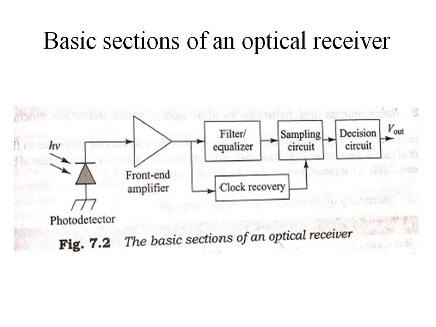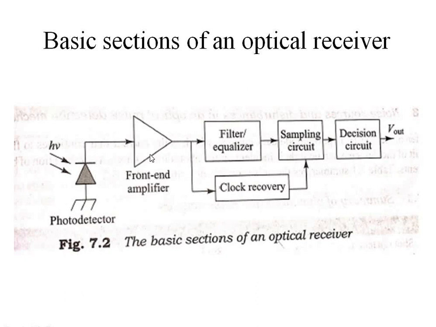Since this electric current is very weak, there is a need for a front-end amplifier. This front-end amplifier will boost the signal to a level that can be used by the following electronic circuits.